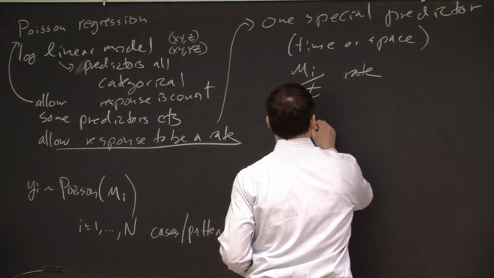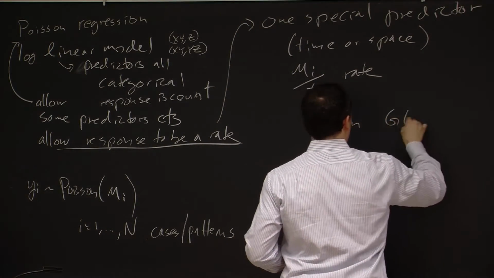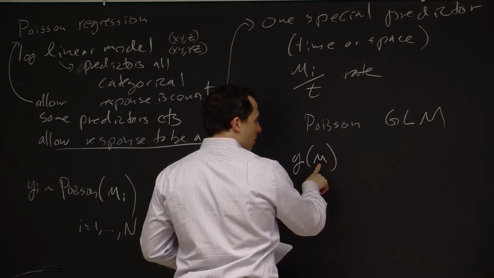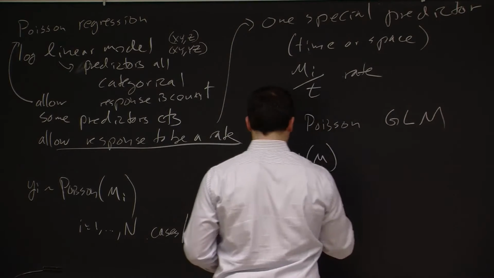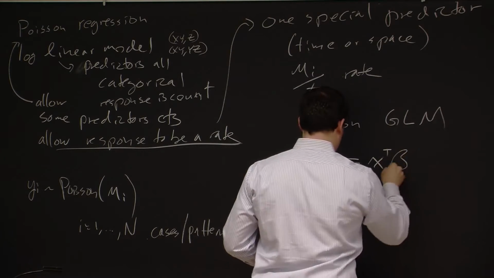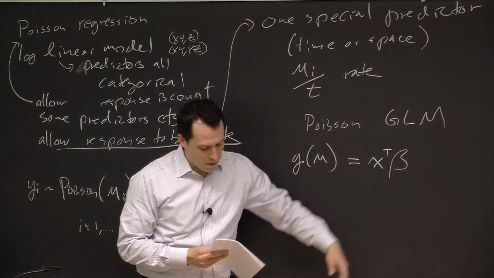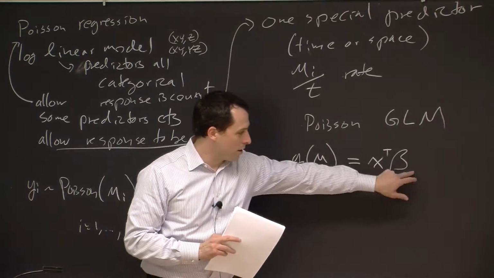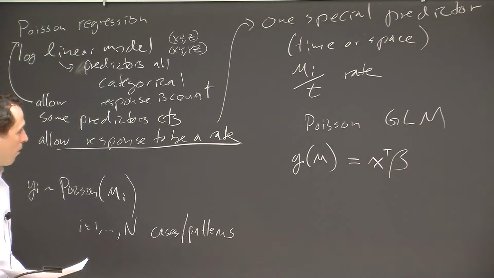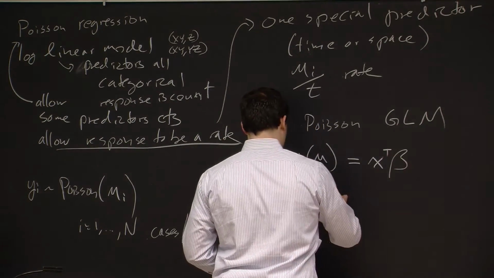We call this a GLM. So we have a link function. We have the parameter that we're interested in estimating, and the link function of that parameter is a function of some vector of predictors dot producted with a vector of betas or parameters, and we assume that y, the response, is Poisson.